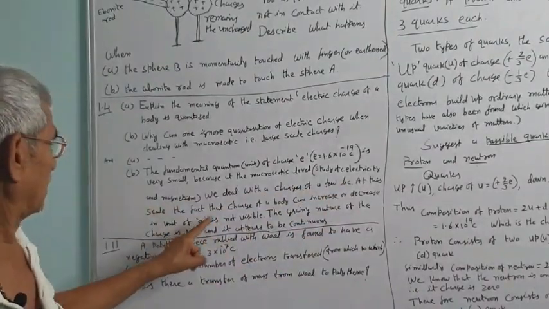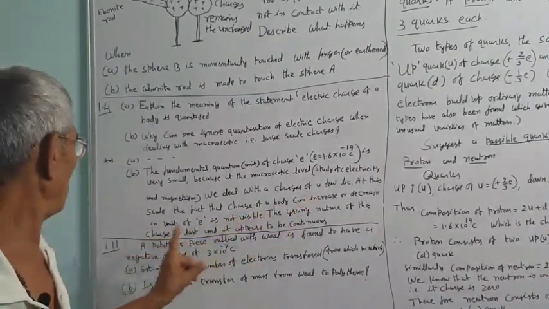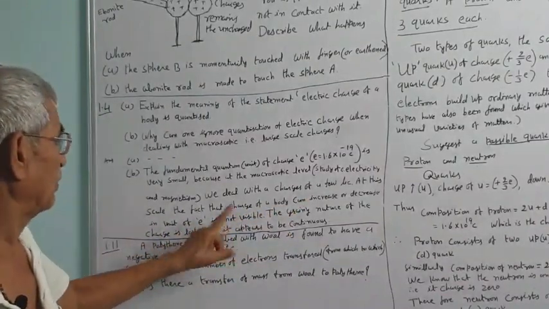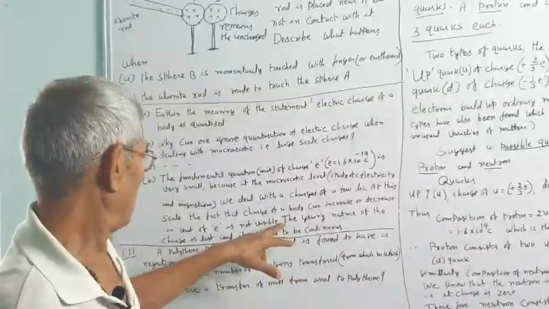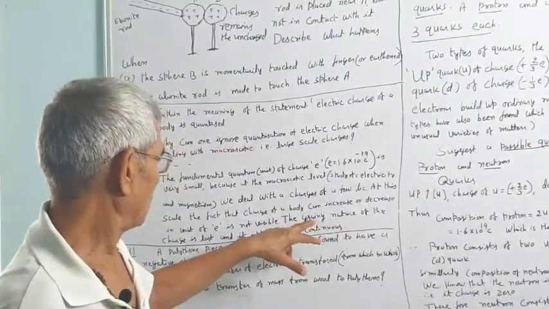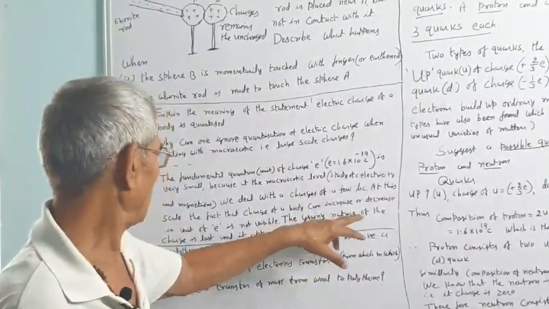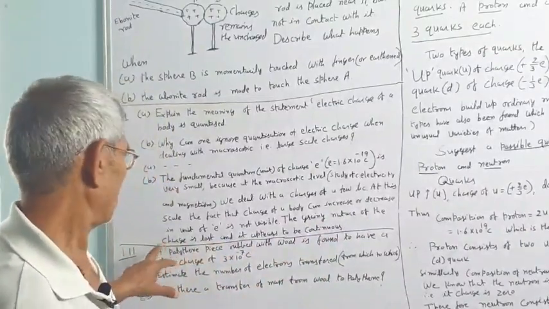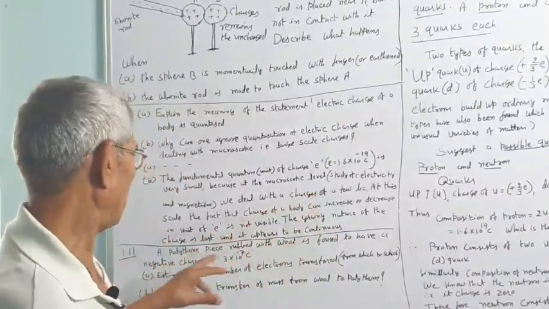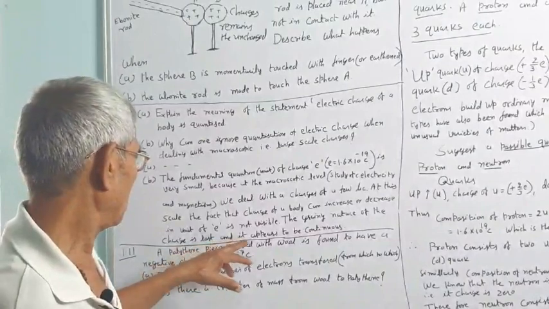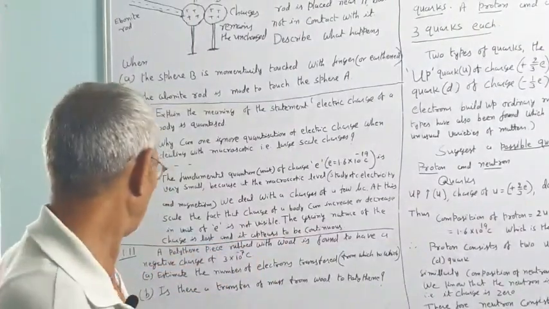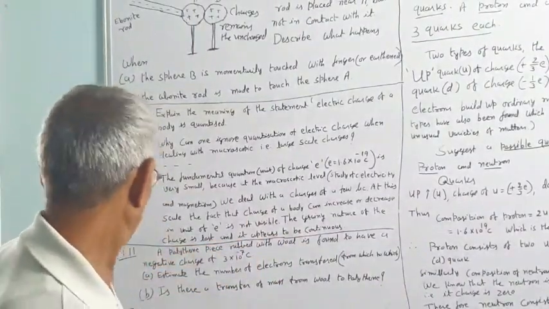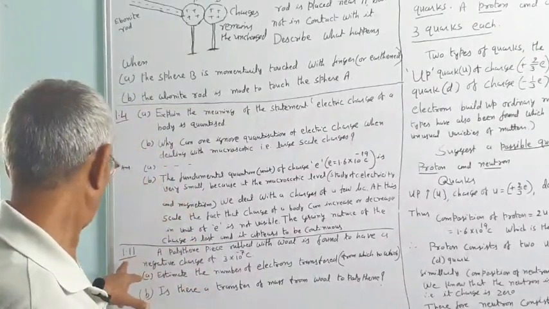At this scale, the fact that the charge of a body can increase or decrease in units of e is not visible. So the grainy, that is quantum, packet nature of the charge is lost, and it appears to be continuous. So we use a continuous number.